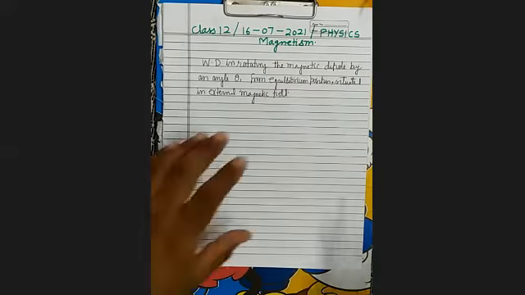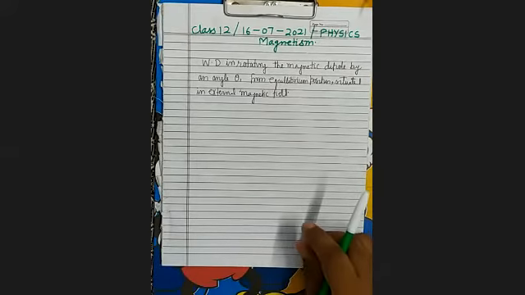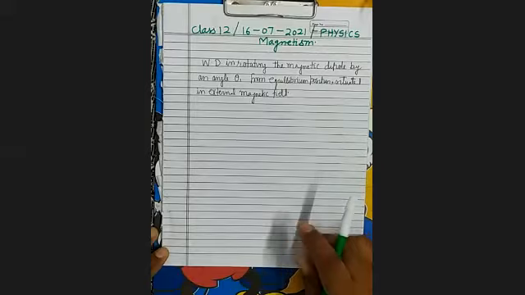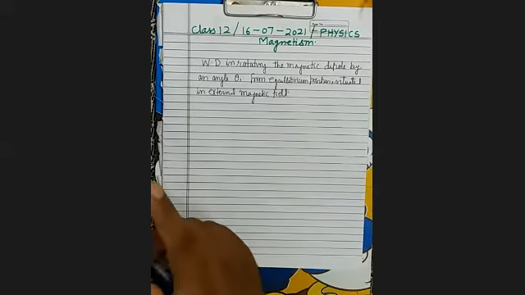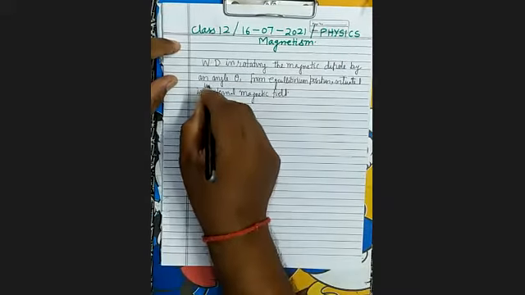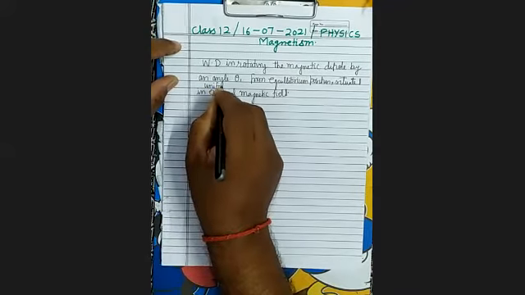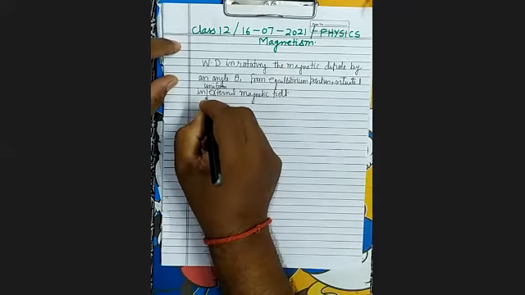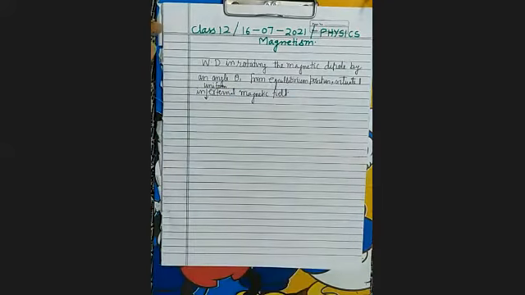But now here it is situated in some other external magnetic field, and here it is situated in uniform external magnetic field. I have taken uniform magnetic field. Uniform means which remains same throughout the region with respect to magnitude as well as in direction.